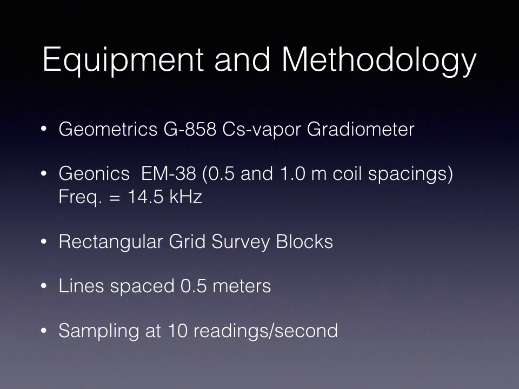The equipment we used was a cesium vapor magnetometer. That's the first one, a Geometrics G858CS vapor gradiometer. A gradiometer is a special type of magnetometer that has two sensors built into it, a lower sensor and an upper sensor. One magnetometer sensor works a little bit like a metal detector, except it's actually detecting changes in the Earth's magnetic field.